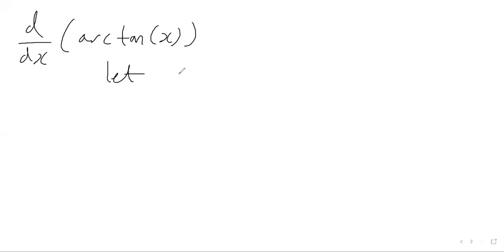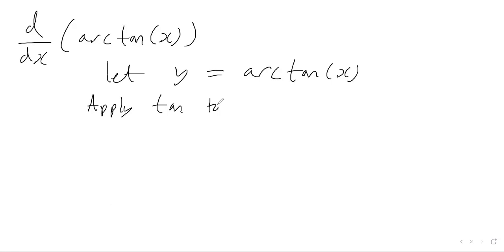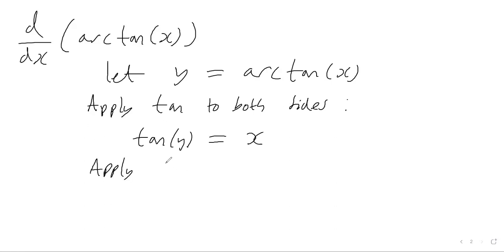Again, same procedure as we did for the previous two. We're going to let y equal arctan x. Then if we apply the tan function, the inverse of the arctan function, to both sides, we get tan of y equals x. The next step that we did before was to differentiate both sides, so we apply d by dx to both sides.